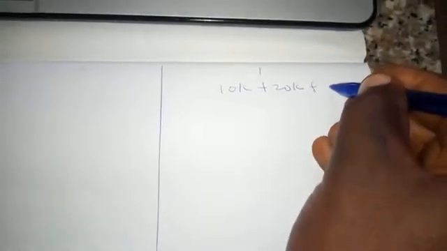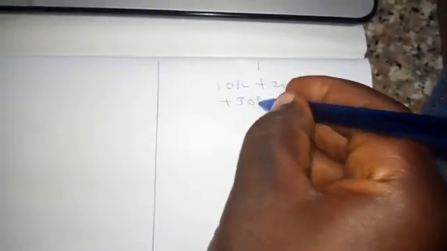What you need to do is add all the issuing prices: 10 kobo plus 20 kobo plus 40 kobo plus 30 kobo.